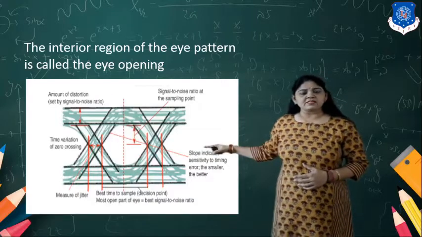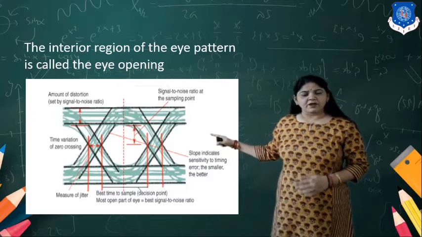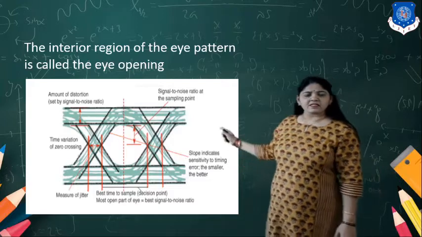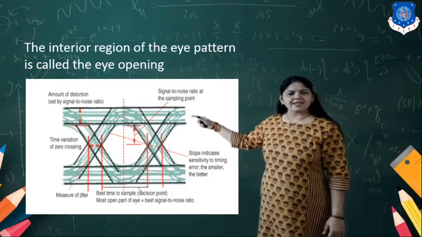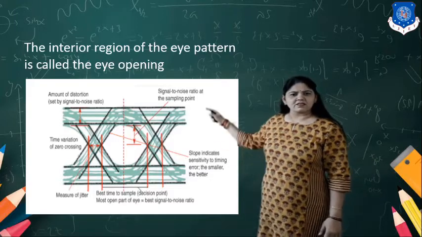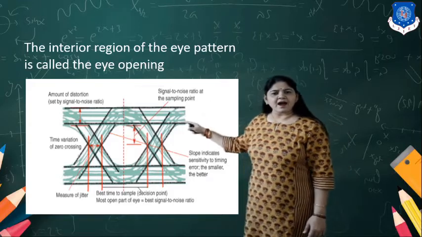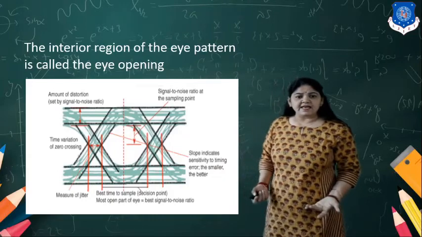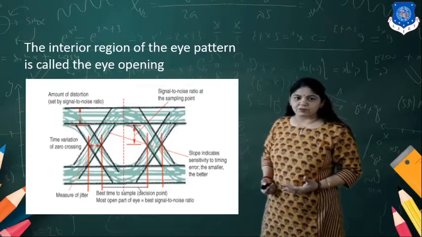Now, this is the particular shape which we observe on the CRO. Here you can see the lines, which are for the binary 0 as well as the binary 1 input.